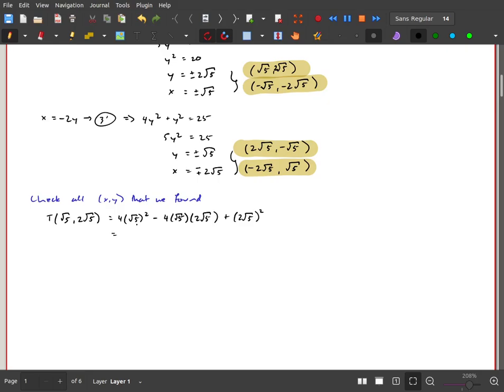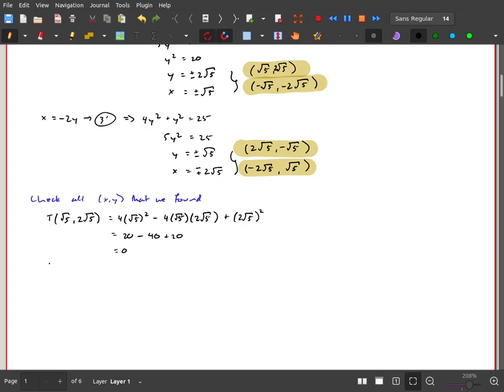And that's 20 minus, 5 times 8, 40, and then plus 2 root 5 squared is also 20. So that is 0.